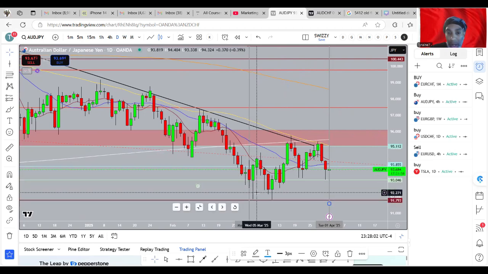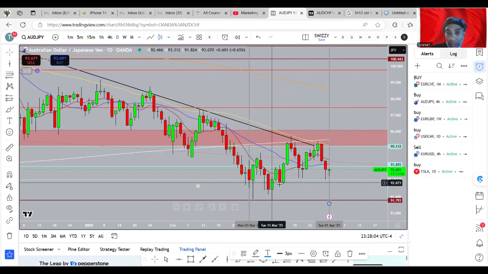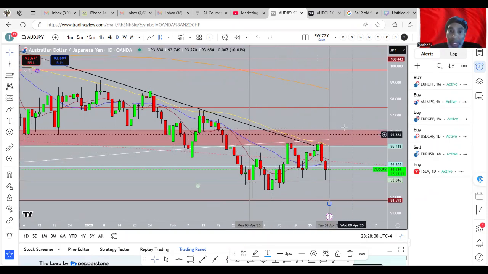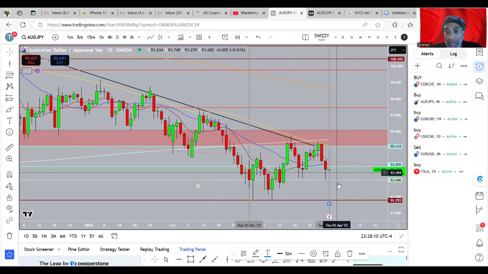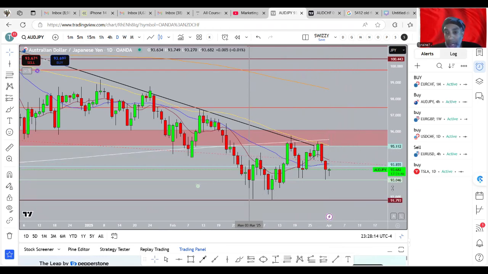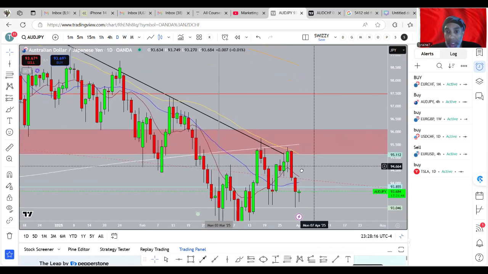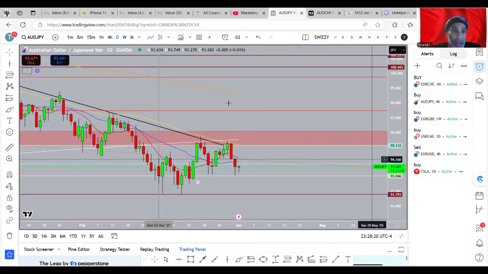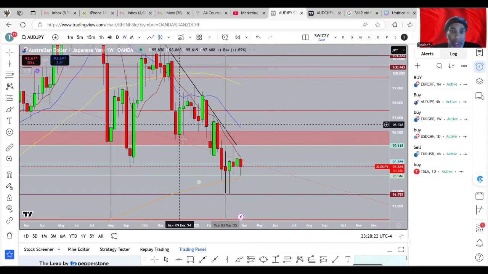First candlestick was down, then it went up, came back down. It was pretty much ranging. So until it breaks this zone, we're pretty much in a range. I'm going to move this so that we can see. But we got to see what this formulates. And let's go to the weekly.